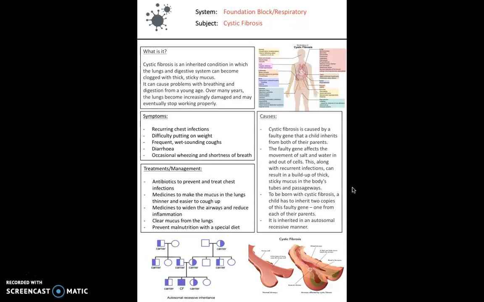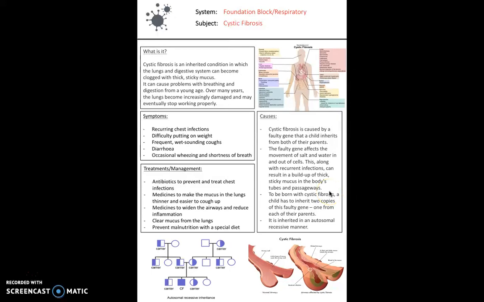But how can we treat cystic fibrosis? Cystic fibrosis is normally treated with antibiotics to prevent or treat chest infections. So it's almost like management of the condition as opposed to treatment. There are also medicines to make the mucus thinner, making it easier to cough up, and therefore less of an irritant in the lungs.